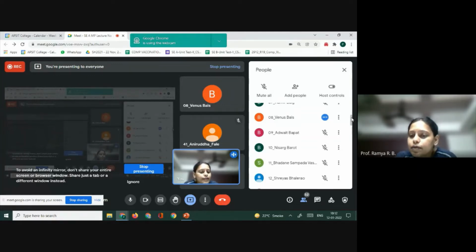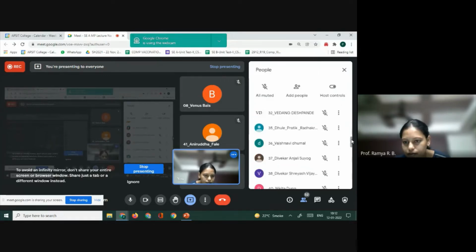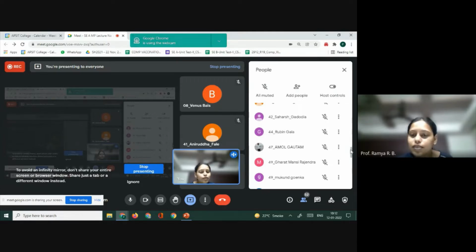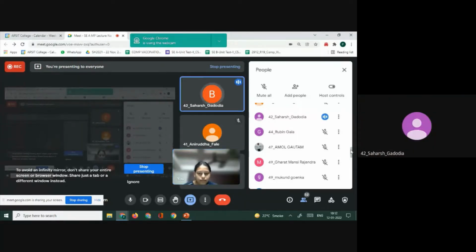Now, who will tell me what is meant by decoding? Saharsh Gadodia, tell me what do you mean by decoding? Ma'am, it identifies the instructions to be executed.